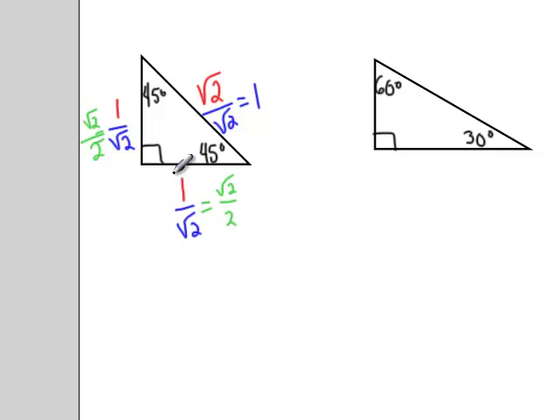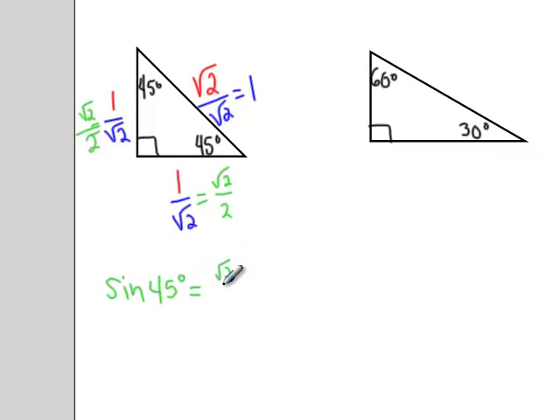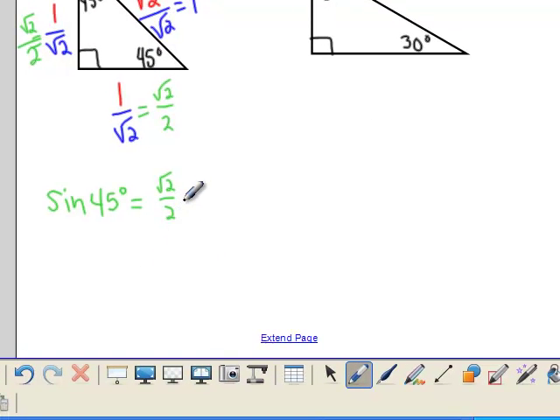Now, part of what that means about this triangle is if you want to do the sine of 45 degrees, it should just be radical 2 over 2. That will also be true for the cosine.